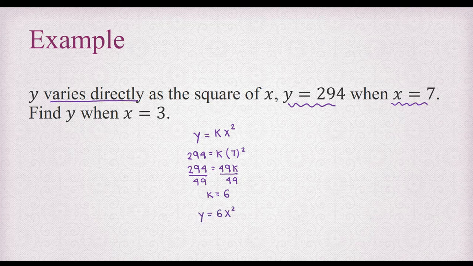The last part says find y when x equals 3. So we don't know what y is, but now we want to substitute 3 in for x. So 6 times 3 squared. Well, 3 squared is 9. 6 times 9 is going to give us the value of y to be 54. So that's varies directly.